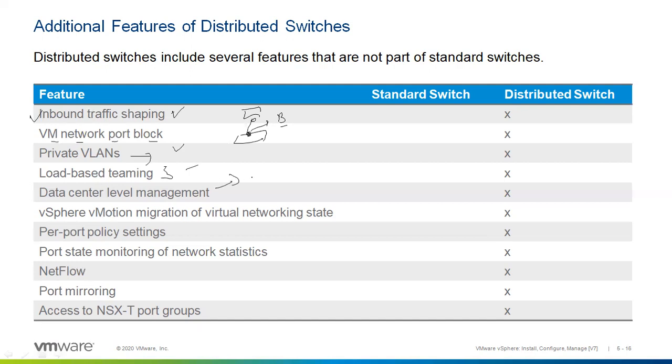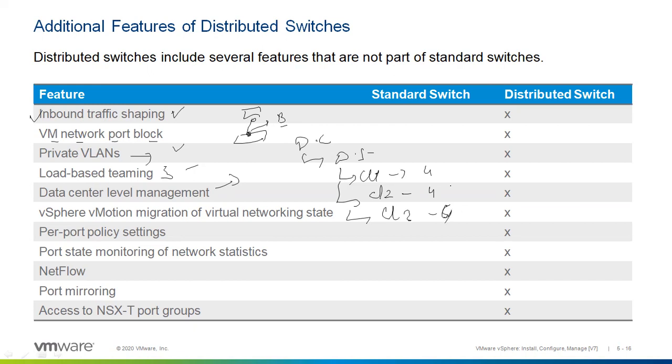When we say data center level management, if in a data center I create a distributed switch, suppose I am consuming it for cluster 1, and in cluster 1 I have 4 hosts. I also want to consume the same distributed switch for cluster 2. That is also possible. If I have other clusters, that is also possible.